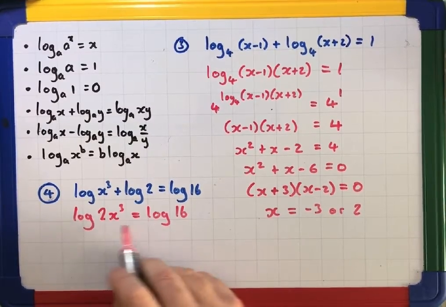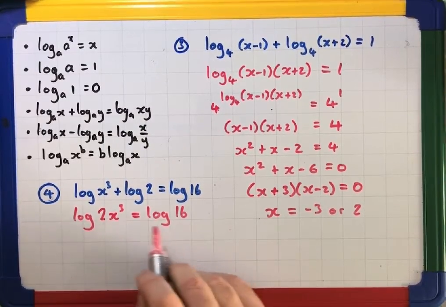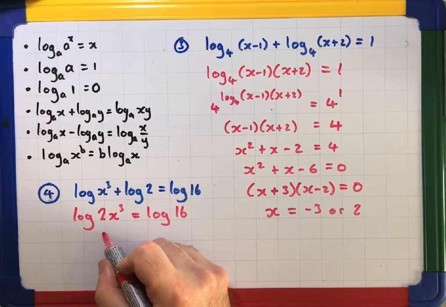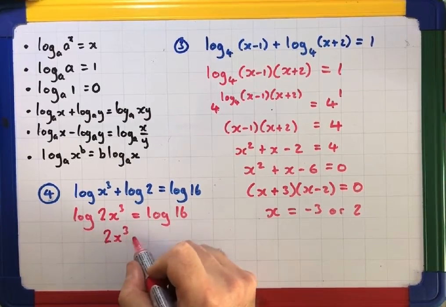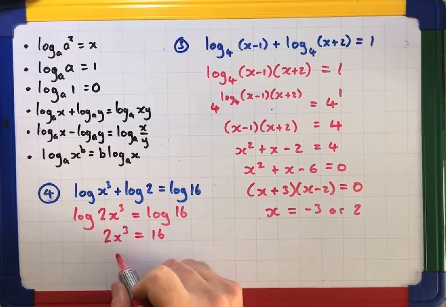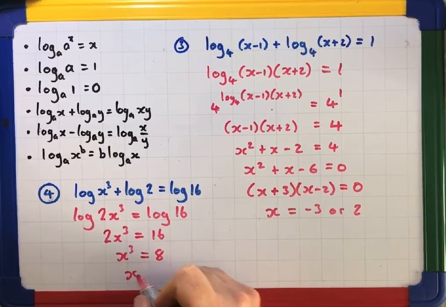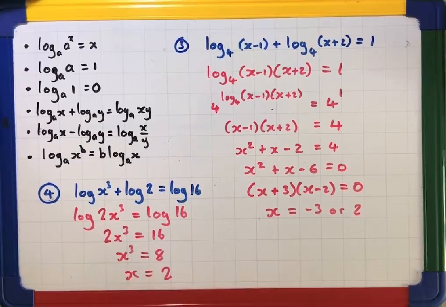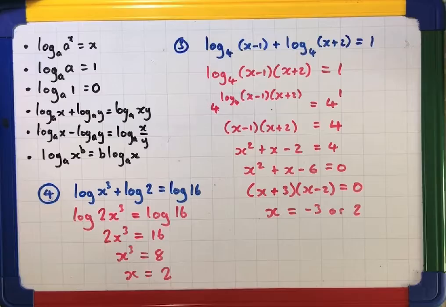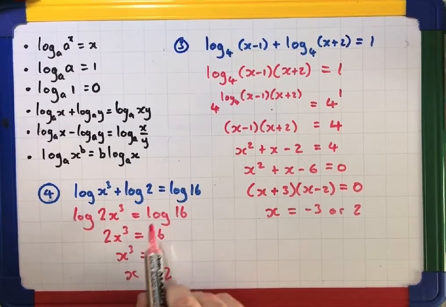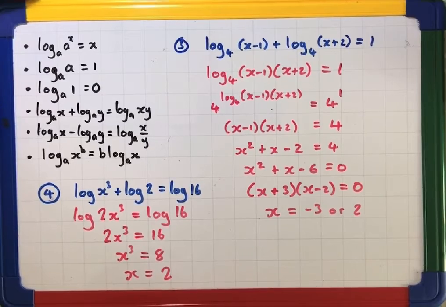I'm presuming it was power base of 10 here, but get rid of the logs from both sides. You've got 2x cubed equals 16, so x cubed is 8, so x would be 2. Okay, so if you have a log, same base on both sides, you can get rid of them, provided it's one term on each side.